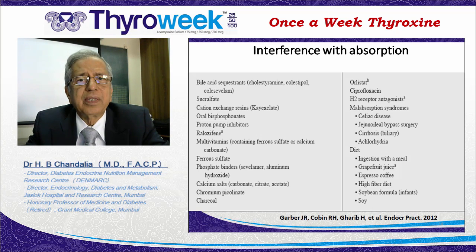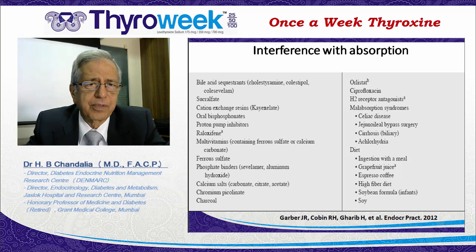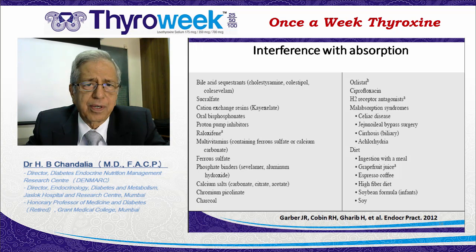There are a lot of factors which interfere with the absorption of thyroxine, and it is important to know these factors because when we are treating people, some of them would result in the failure of your treatment, and you will find that there is persistent hypothyroidism in spite of giving doses which are ordinarily considered adequate to treat that particular person.